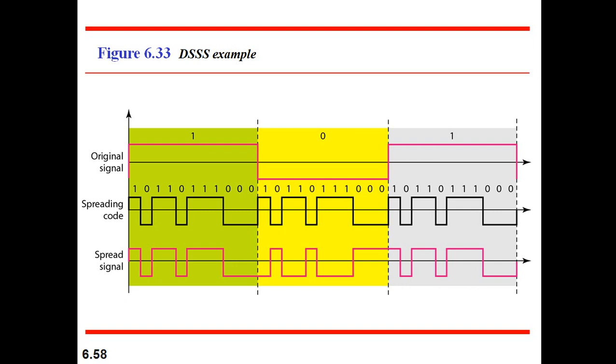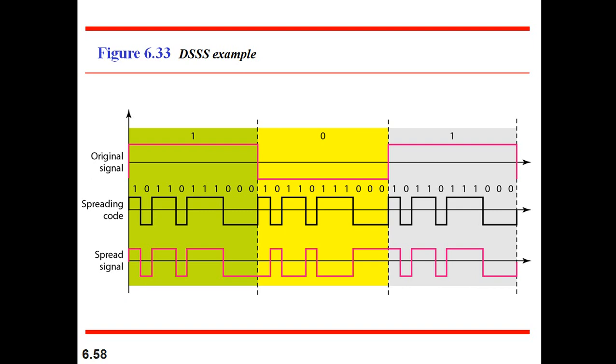Here, in this coding scheme, a positive voltage represents a 0 bit, and a negative voltage represents a 1 bit.